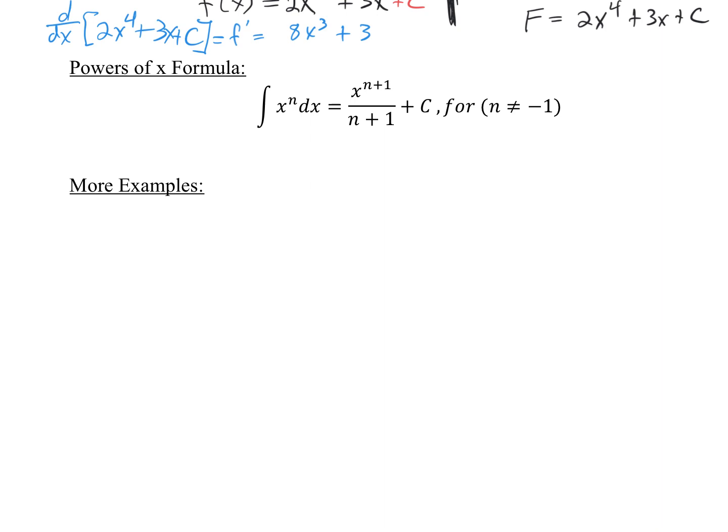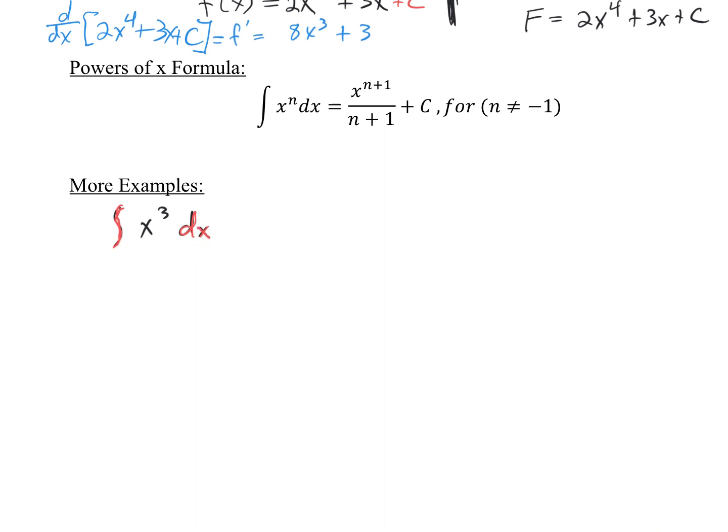So I'm going to start using this integral notation. Let's find the indefinite integral of x cubed with respect to x. I've said it before, I'm going to say it again. This indefinite integral and this with respect to x, the dx, we would call it a differential.